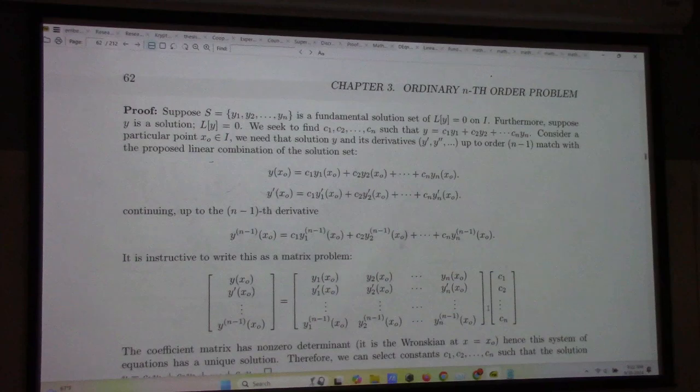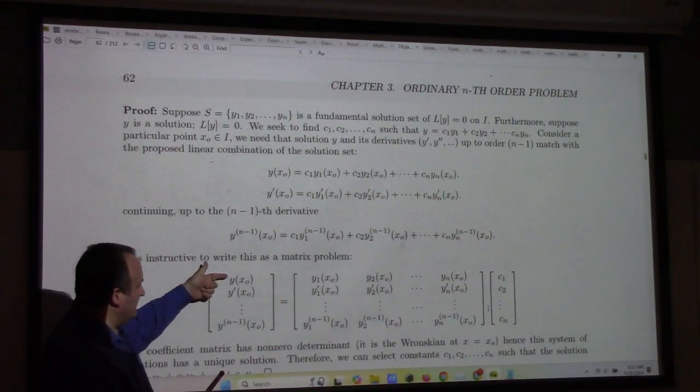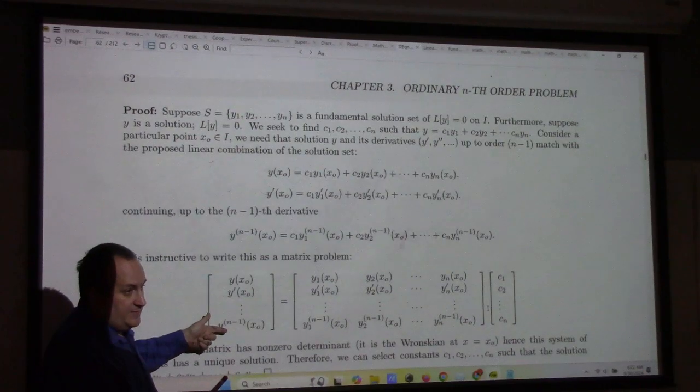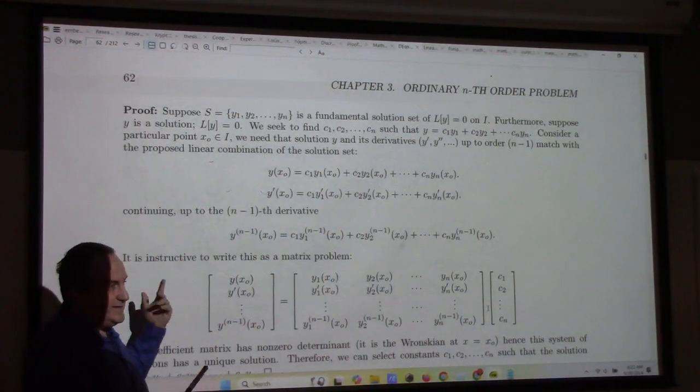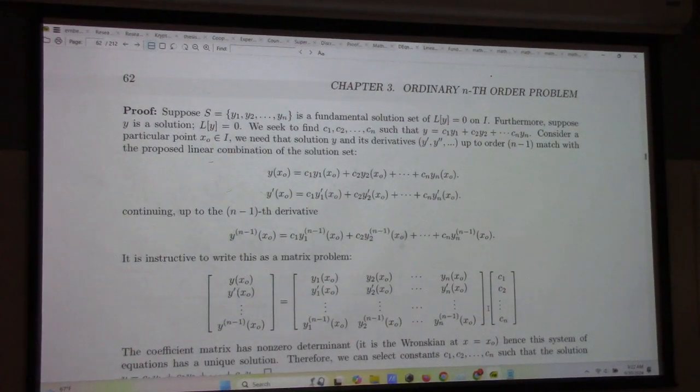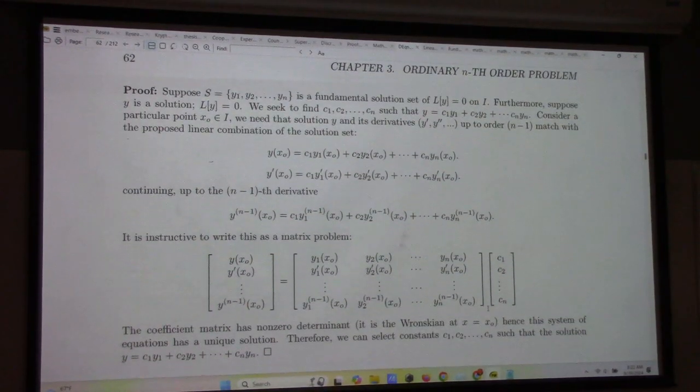So for any initial value problem, we can choose specific, unique choices in fact, of C1 through Cn, which reproduce this set of outcomes using y1 through yn as our basic building blocks. And I know I can do that for any choice of initial conditions because that matrix is invertible by assumption of the linear independence of the functions.